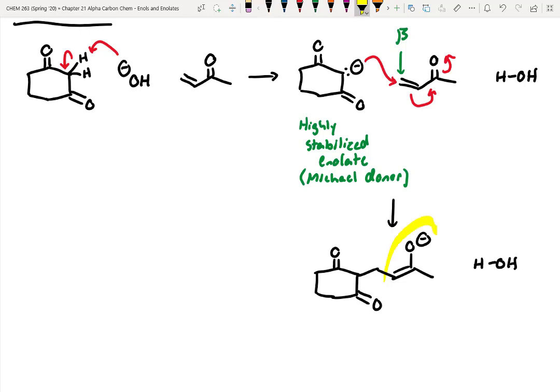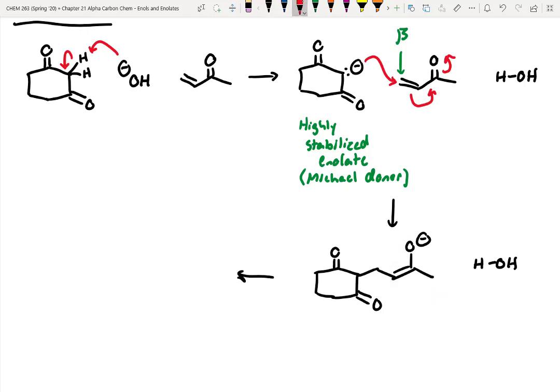This portion of the molecule is still an enolate, and we know that enolates under equilibrium conditions usually aren't that favored. They prefer to tautomerize back to their ketone. So let's go ahead and show that enolate going back to the ketone form.